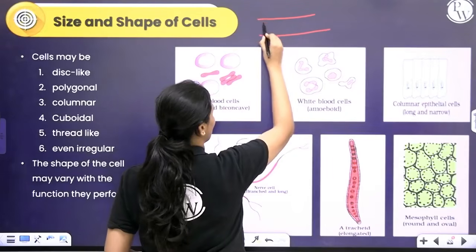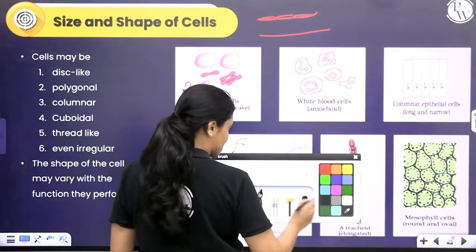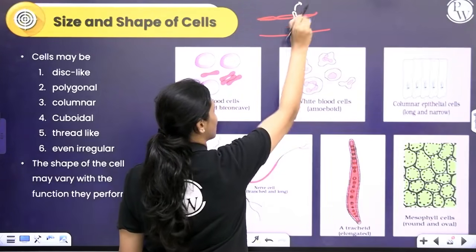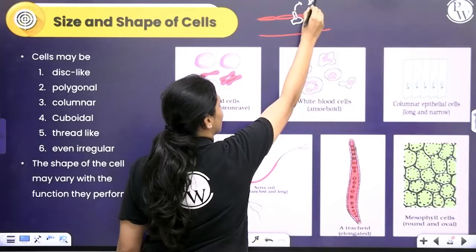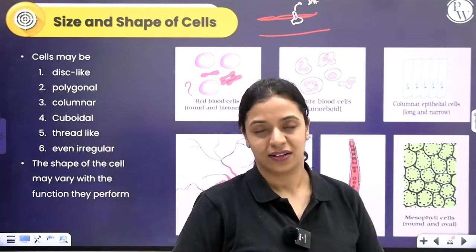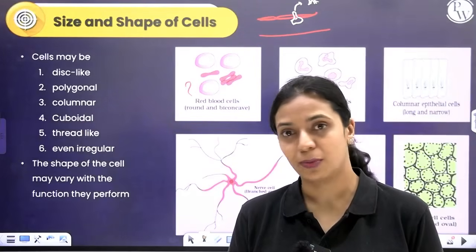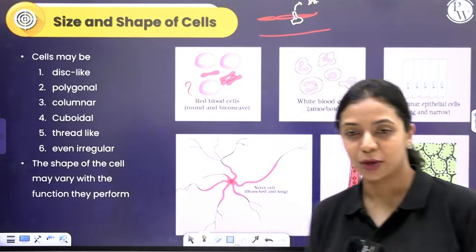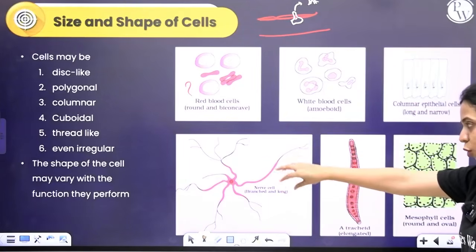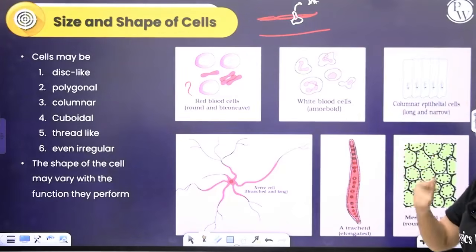If this is the capillary wall, which is lined by squamous epithelium, these white blood cells will have to squeeze out of this and go to the site of infection. For that, they should be able to change their shape and be amoeboid. If they are very rigid, then they will not be able to do their job well. Likewise, nerves are so branched on top and have a long tail because they have to transfer information really quickly.